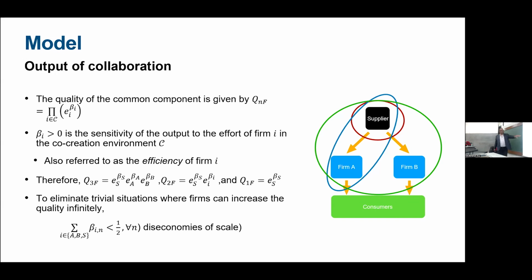So if the collaborator puts in a lot of effort, this is high, so the same amount of work by the supplier will make a very good product. If the collaborator puts in little effort, this is low, and the same amount of work by the supplier will produce a worse product. This model, this Cobb-Douglas function, is basically looking at the complementarity of the efforts of the different firms.